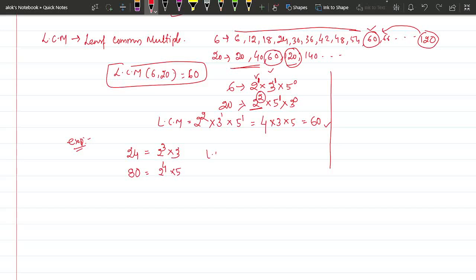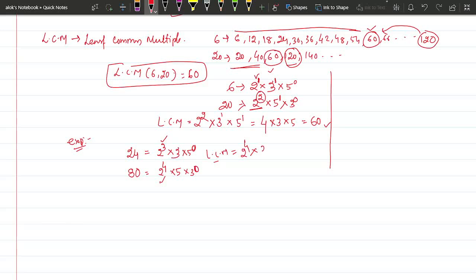So the LCM will be, we'll take the highest term. 2 to the power 3 is there, 2 to the power 4 is there, so we'll take 2 to the power 4. Here 3 is there, here 3 is not there, so consider 3 to the power 0, and here 5 to the power 0.